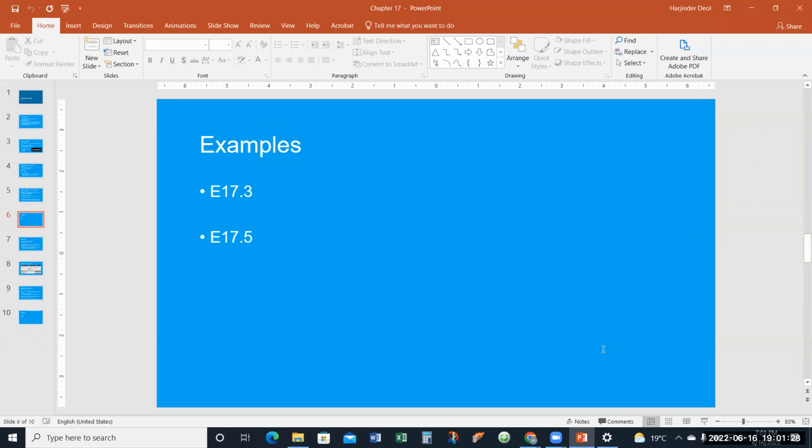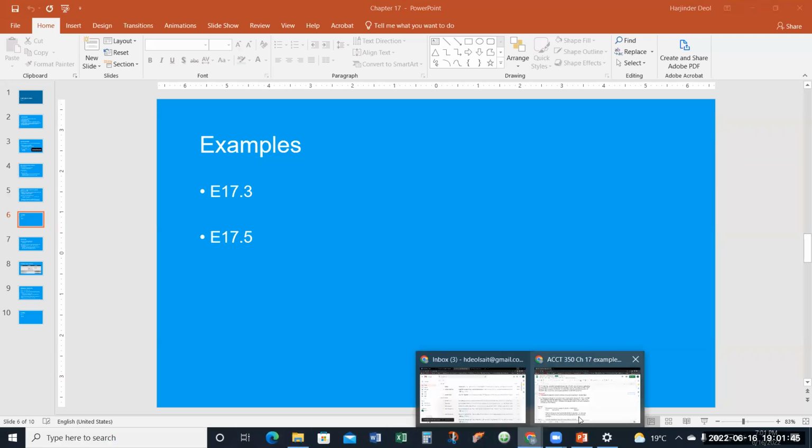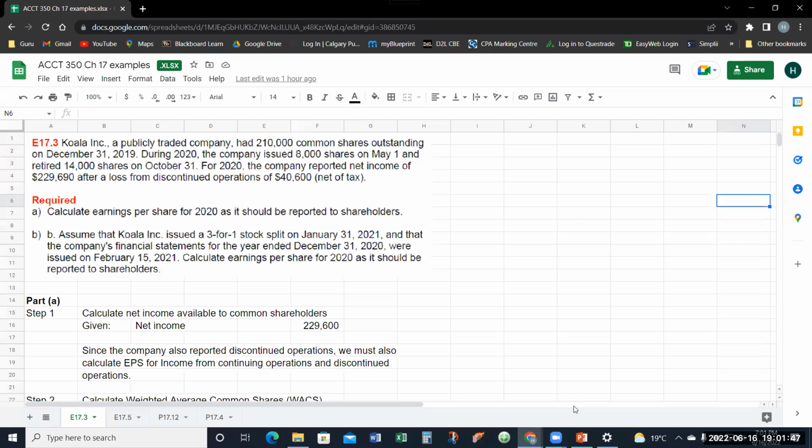All right, so we're going to take a look at calculation of basic EPS. I'm going to walk us through a couple of examples. On D2L, I've posted the actual Excel file, and it's got all the solutions in there. The file that I'm going to be using in class, I have whited out some of the information just to make it a little bit more logical to follow, but you have access to the entire set of solutions there.